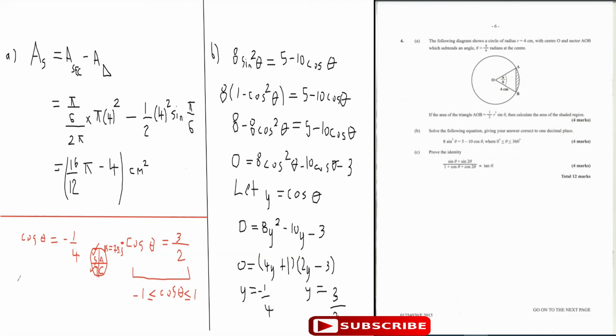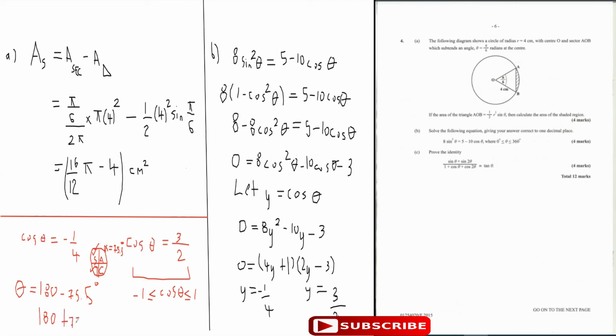So theta is going to be equal to 180 minus 75.5, or theta is going to be 180 plus 75.5. Those are the two values for theta.